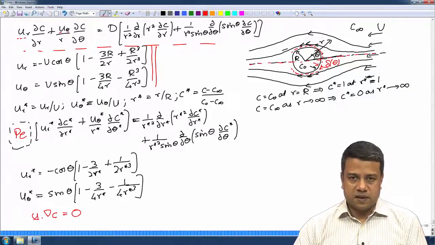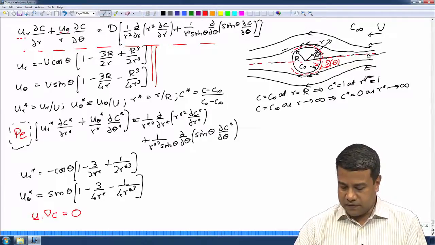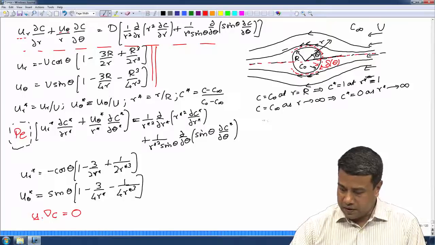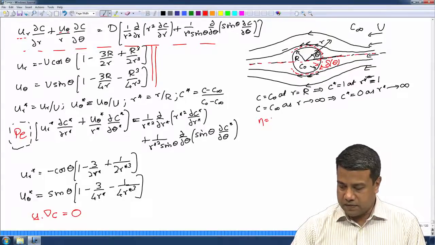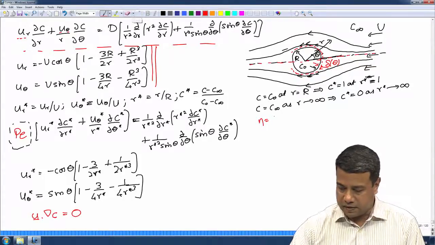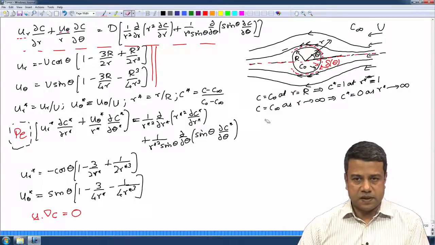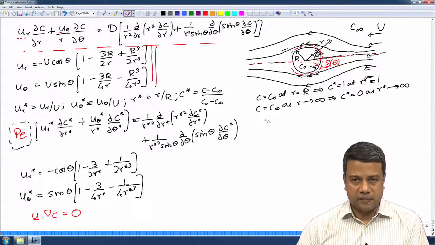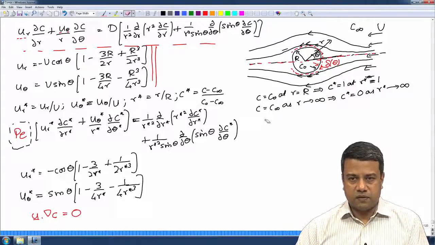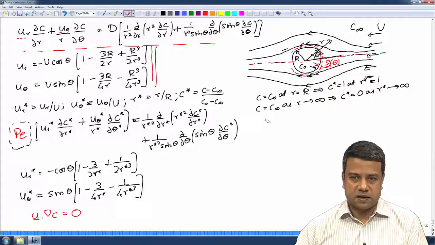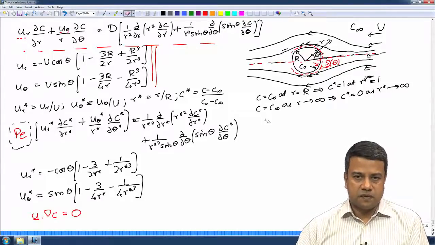Once we express the equation in terms of the similarity variable, eta equal to the distance from the surface divided by delta, and balance streamwise convection and cross stream diffusion, we will find out what this boundary layer thickness is, such that the equation remains independent of Peclet number even in the limit as Peclet number becomes large. I will come back a little later and define what the distance from the surface is in this case.